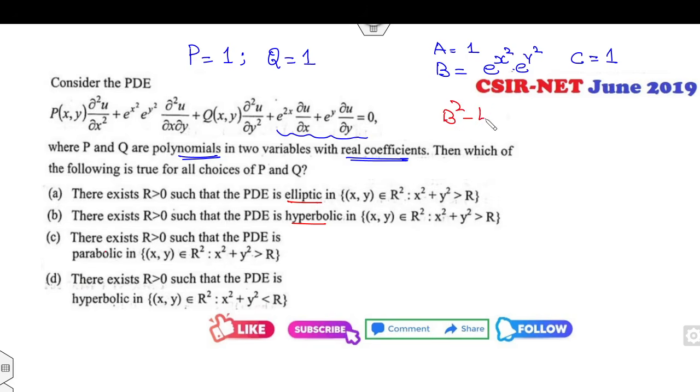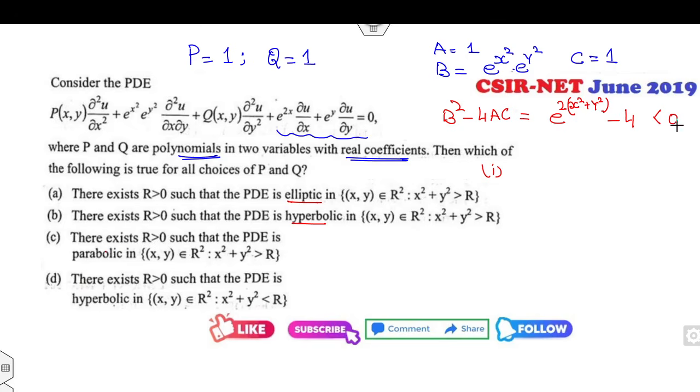What is my B square minus 4AC? B square, if you take the square, it will be e raised to power twice of x square plus y square, minus 4. Then my target is to find the value of x square plus y square. So assume that the first case is elliptical, then it must be less than 0.